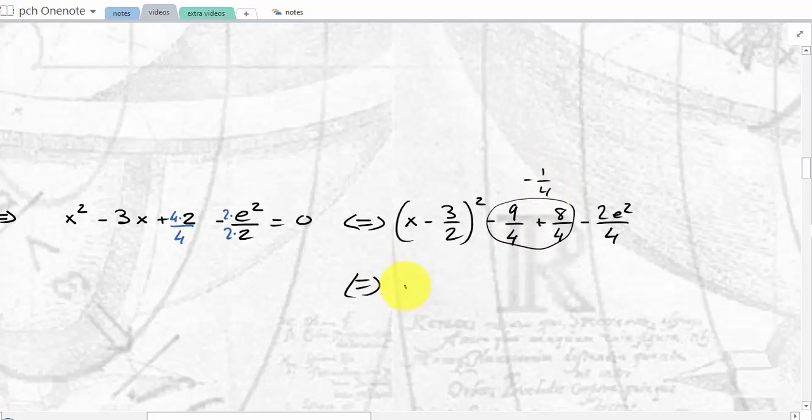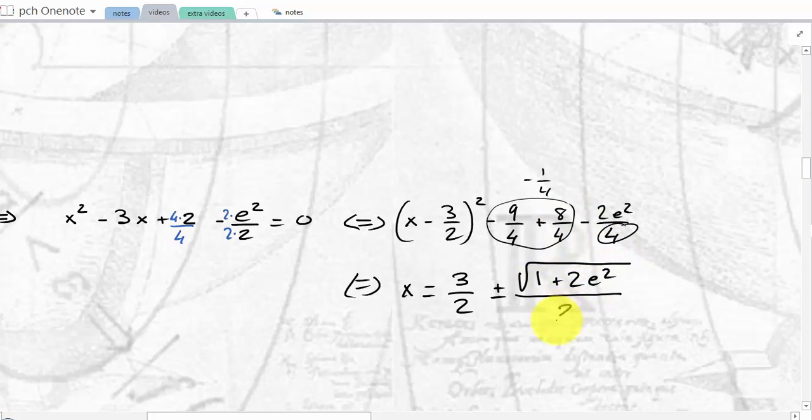So we have that x is equal to, so the 3/2 has moved this way. Now, negative 1/4 is plus 1/4. So, oh, we're going to have a plus or minus right here. Now, it's a square root, right? There will be a big square root, but at the denominator, I have a 4. So I'm just going to take the square root of the 4 to the bottom, and it is the square root of (1 plus 2e squared) over 2.